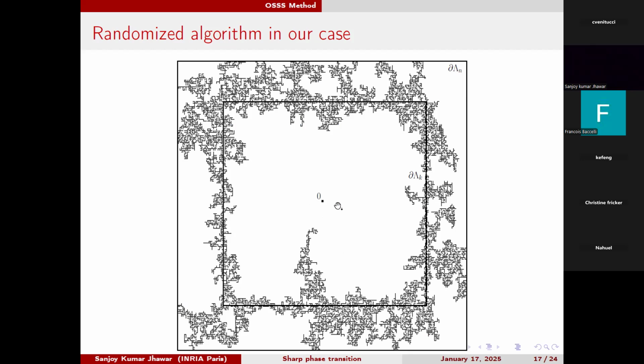Sanjoy, sorry for the interruption. In that case, the value of p is such that there is a single connected component associated with the boundary, right? But there could be many, right? There could be many. Yes, yes.